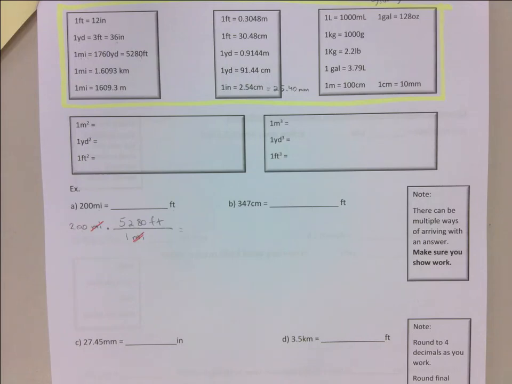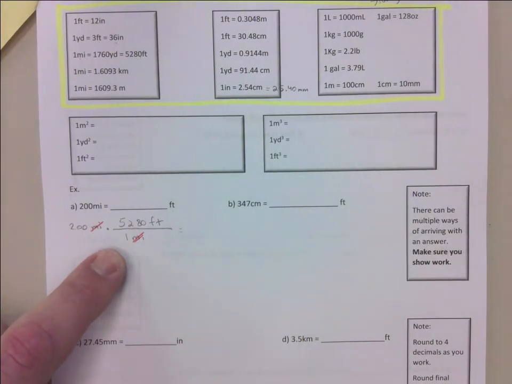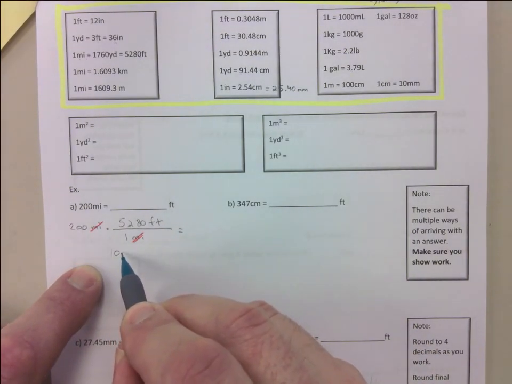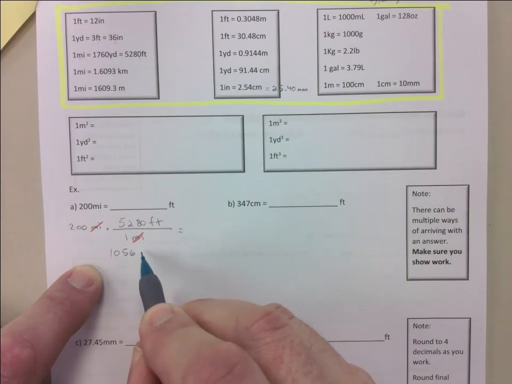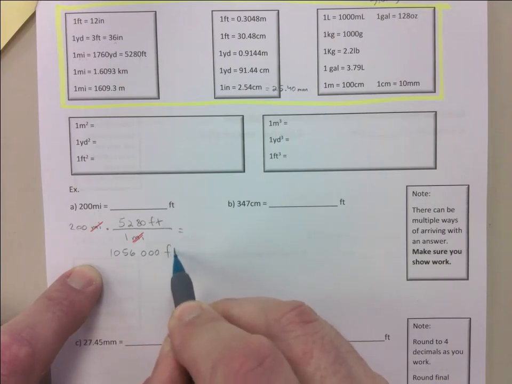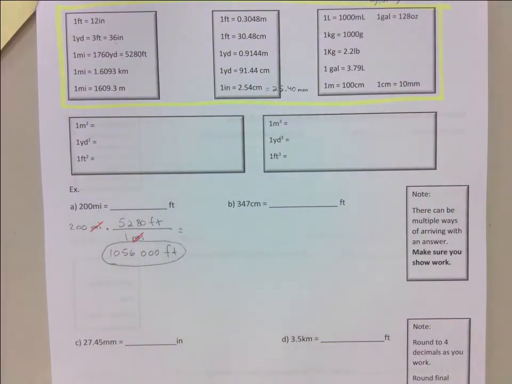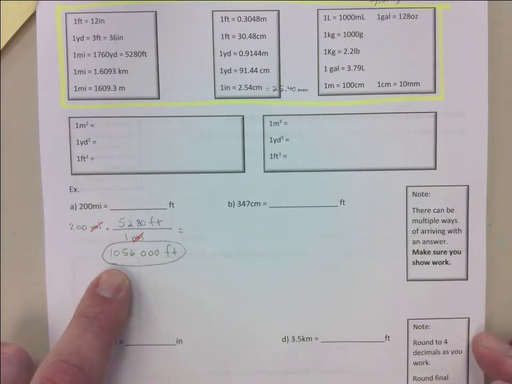I won't do this on a YouTube video, right? Don't want to get it wrong. So 200 times 5280, that is 1,056,000 feet. Okay? Don't use commas, right? Don't do the commas, just avoid them. Decimal points, yes.